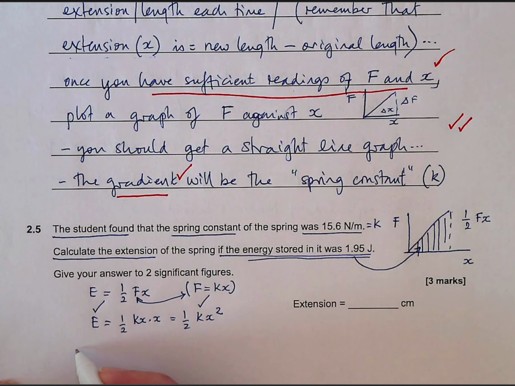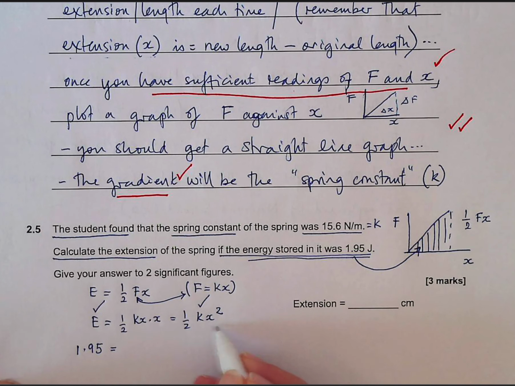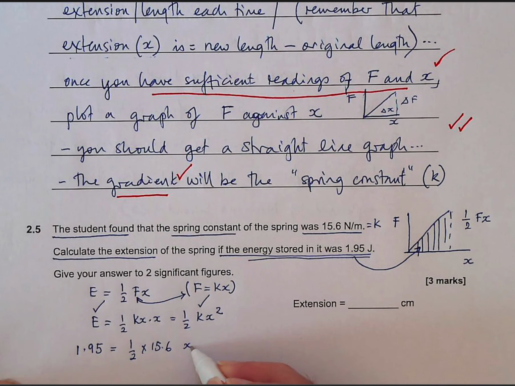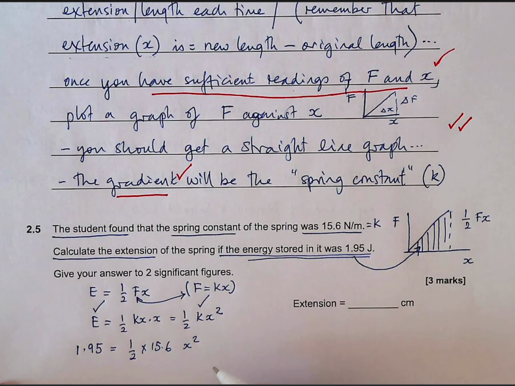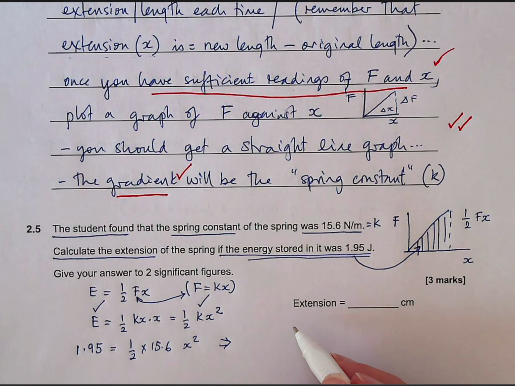If it helps you, a lot of students prefer this method: 1.95 joules, and we don't need to look at that, we're going to go straight to this side. Half times 15.6 newtons per meter, multiplied by x squared. So the only thing we don't know is x squared. They haven't really left a lot of space in the printout that I've got for this paper, so I'm going to go in a straight line.